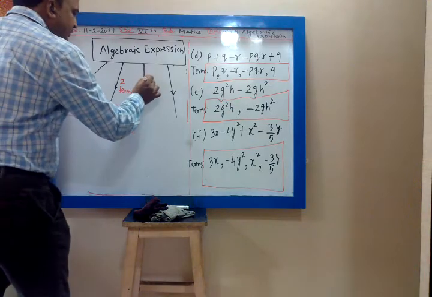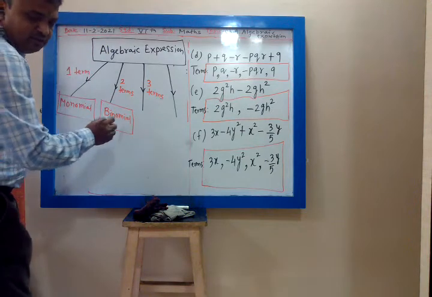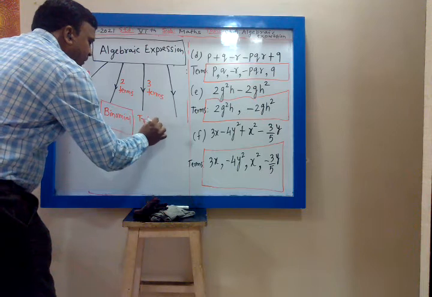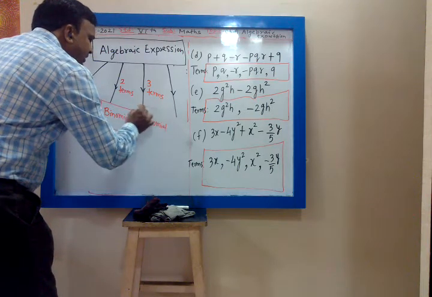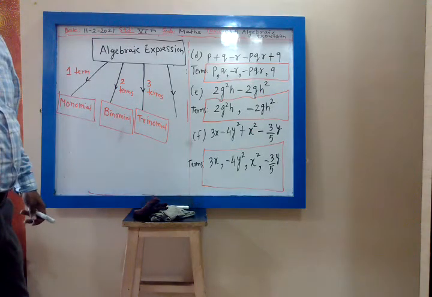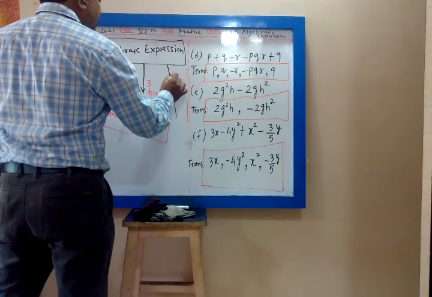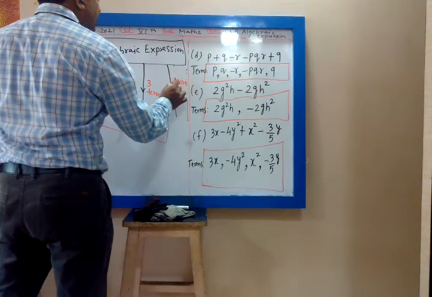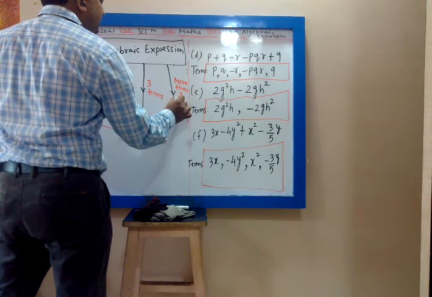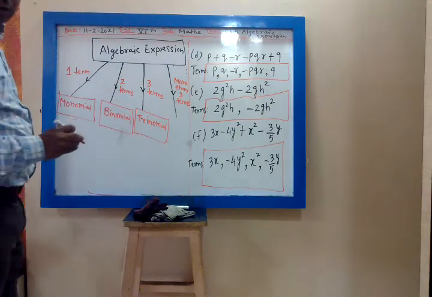Then three terms, that means it will be trinomial. Trinomial means three terms. And if it has more than three terms, then it will be known as multinomial.